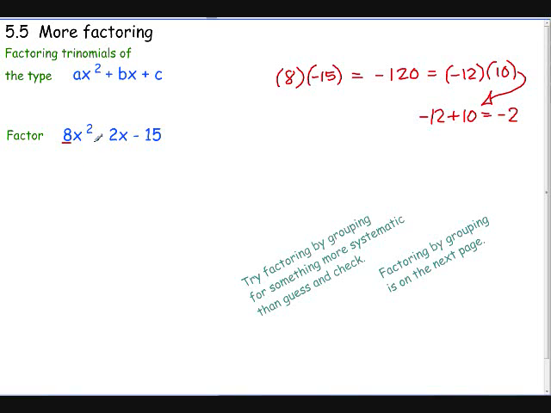So now I know what I'm going to do with this middle term. The first term remains untouched. The third term remains untouched. The only thing I'm going to alter is right here. Instead of saying negative 2x, I'm going to say negative 12 plus 10x.